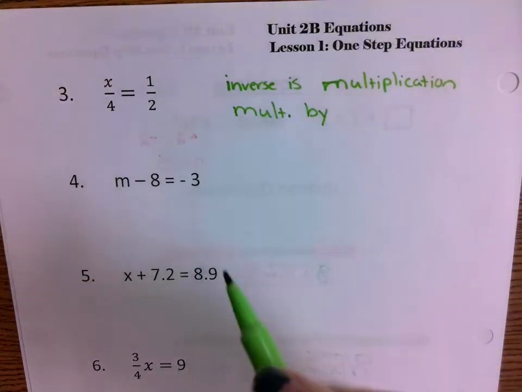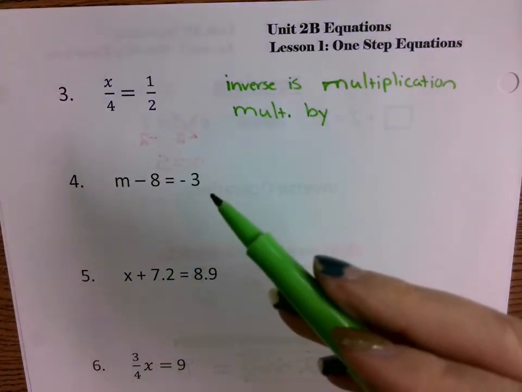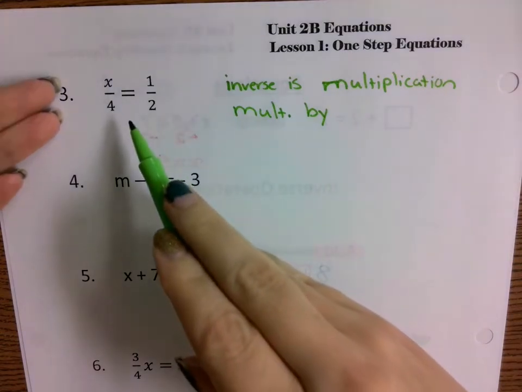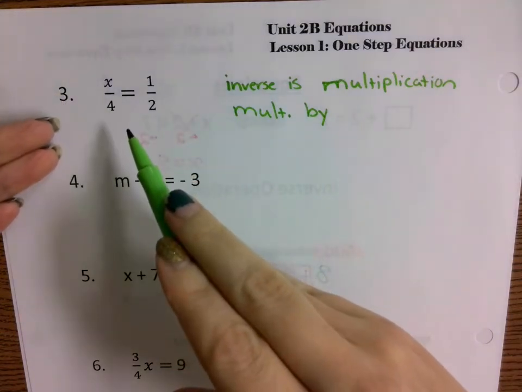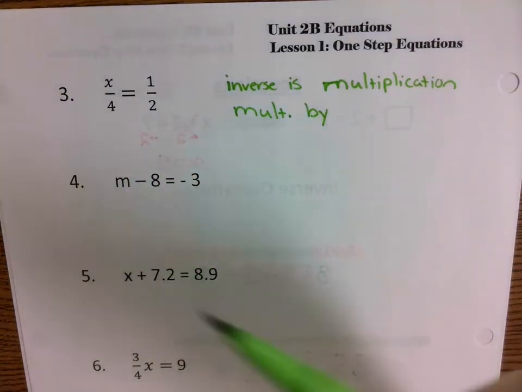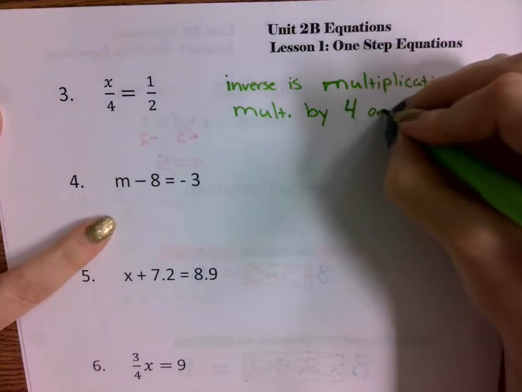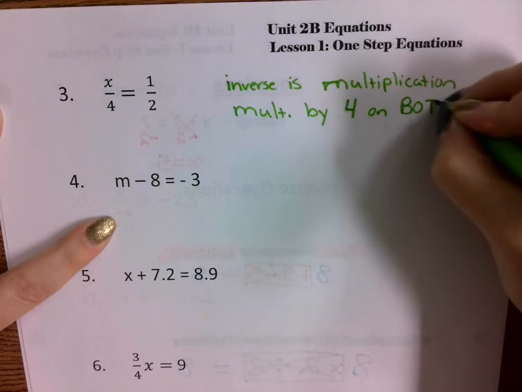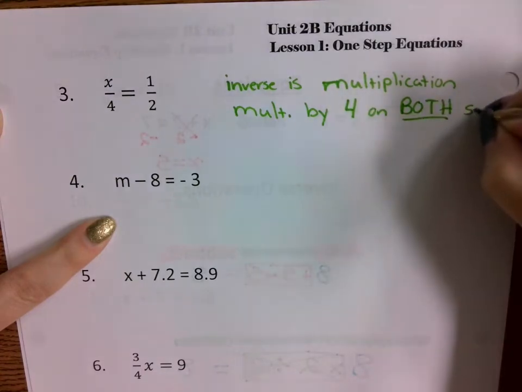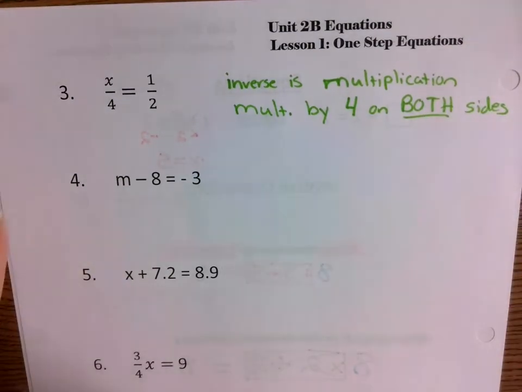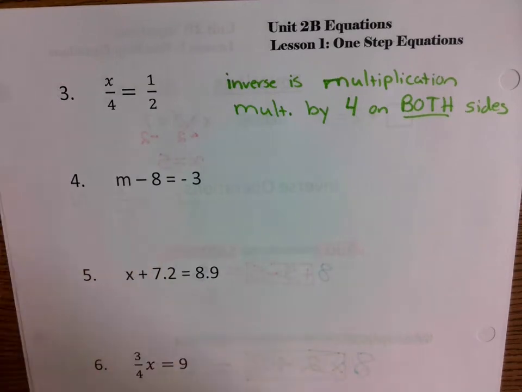What are we currently dividing by? We're dividing by 4, right? So instead of dividing by 4, we're going to multiply both sides by 4. Multiply by 4 on both sides.